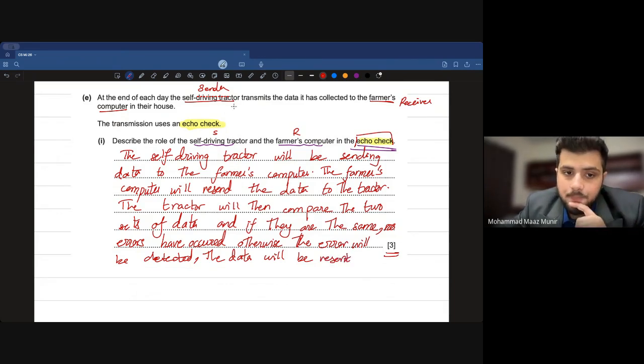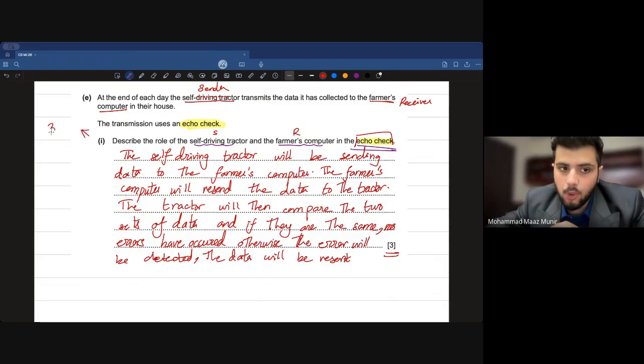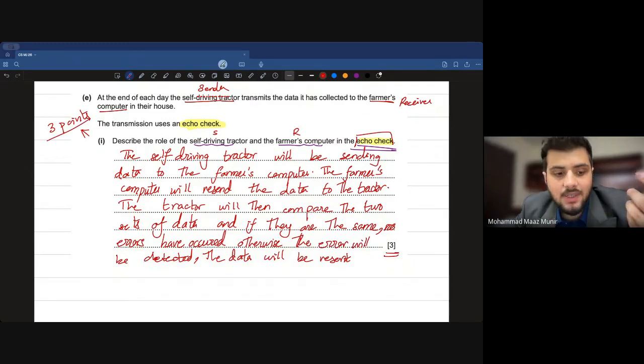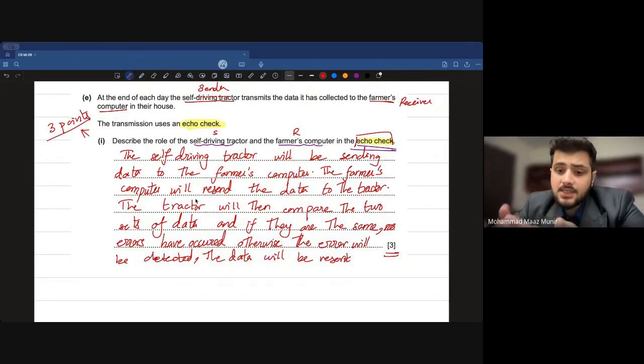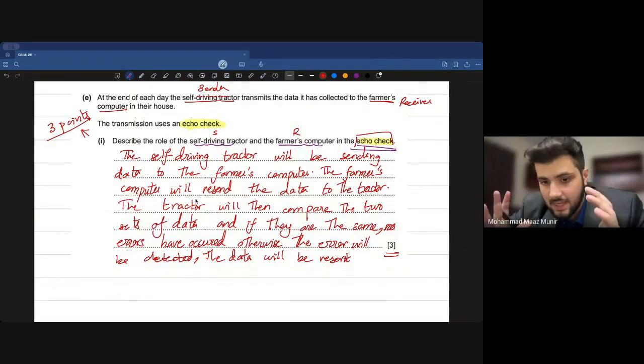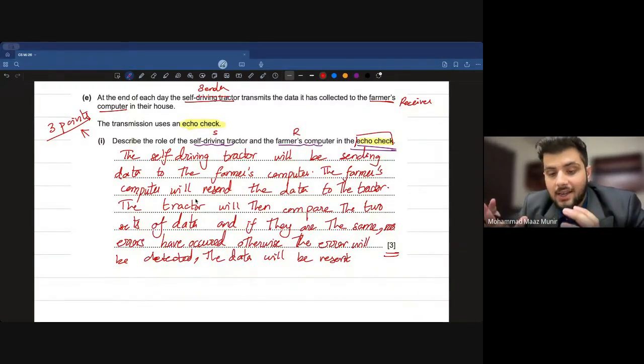Now remember, this question does not specify you to write 3 points. Yeah, it's recommended you're going to be writing 3 points, but sometimes what happens is that your third point, you might be thinking that it's a valid point, but it might be vague. And they do not acknowledge vague answers.